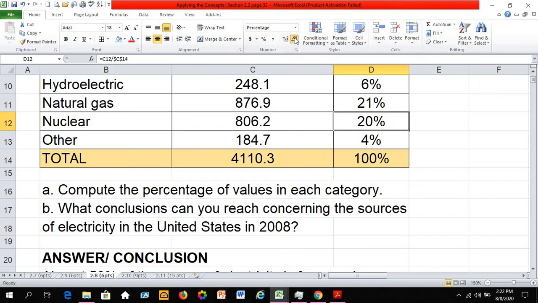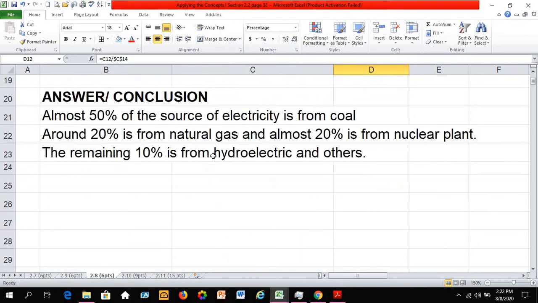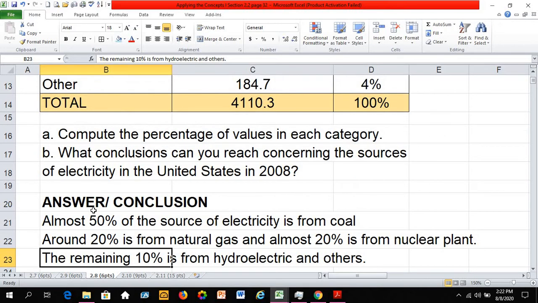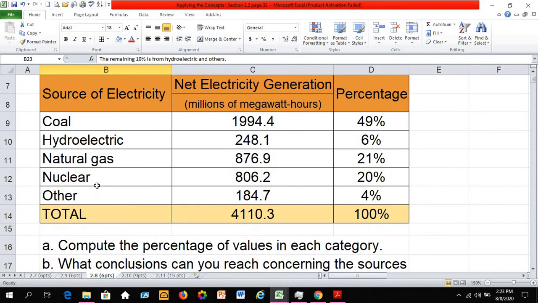I say almost because in decimal it is 19.621 to be exact, that's almost 20%. I just rounded up to a whole number. Okay, so that's 50, 20, 20. The remaining 10% is from hydroelectric and others. Okay, I could have that as my conclusion. On your answers, you can have similar conclusions, as long as you are able to sum it up.